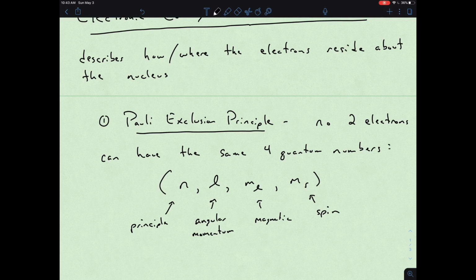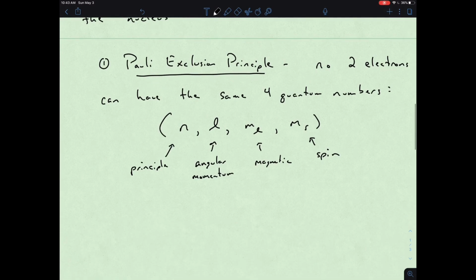For instance, let's look at the element helium. Helium has 2 electrons in the 1s orbital.